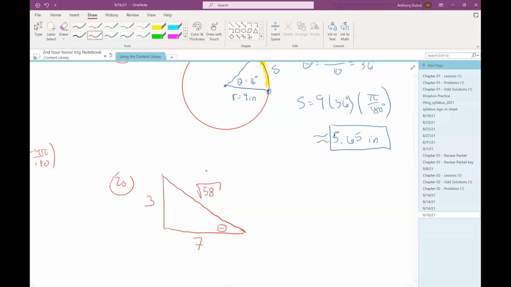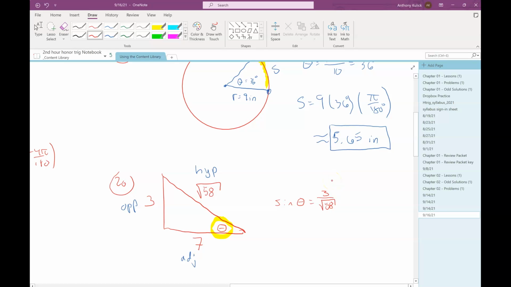Okay. And then it asks you for the value of the 6 trig functions. So sine theta, relative to this theta, we have this side is the adjacent, this side is opposite, this side is hypotenuse, right? The definition for sine is opposite over hypotenuse.